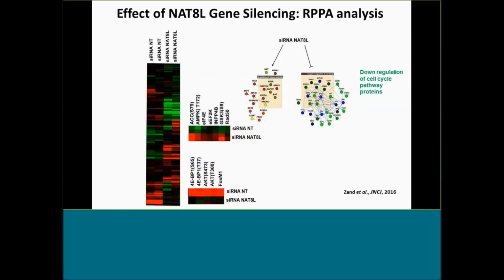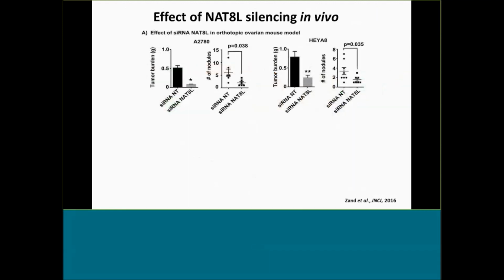So if you perturb this pathway and you do reverse phase protein analyses to look at downstream pathways, what we find is that things such as the AMP kinase pathway go up in response to silencing or shutting down NAA, and you see downregulation of a number of cell cycle related proteins.